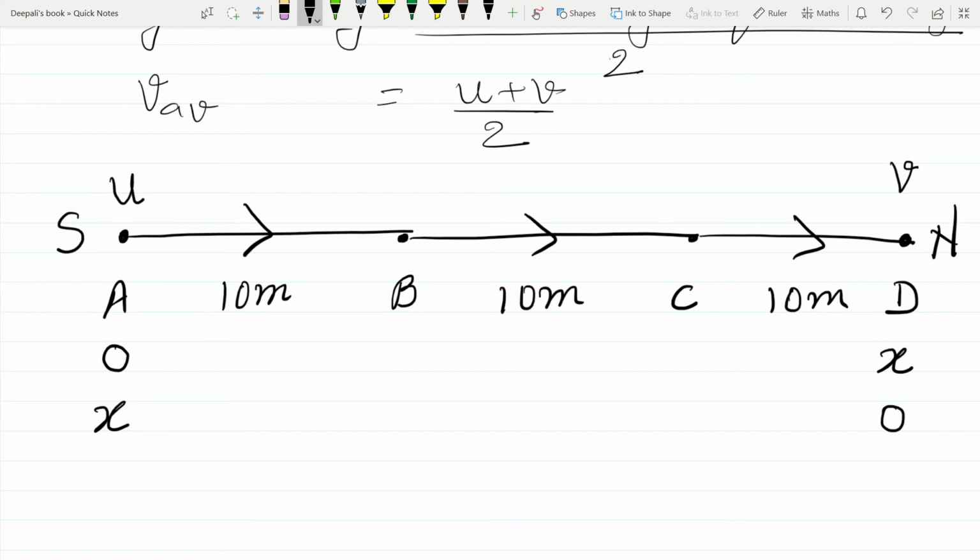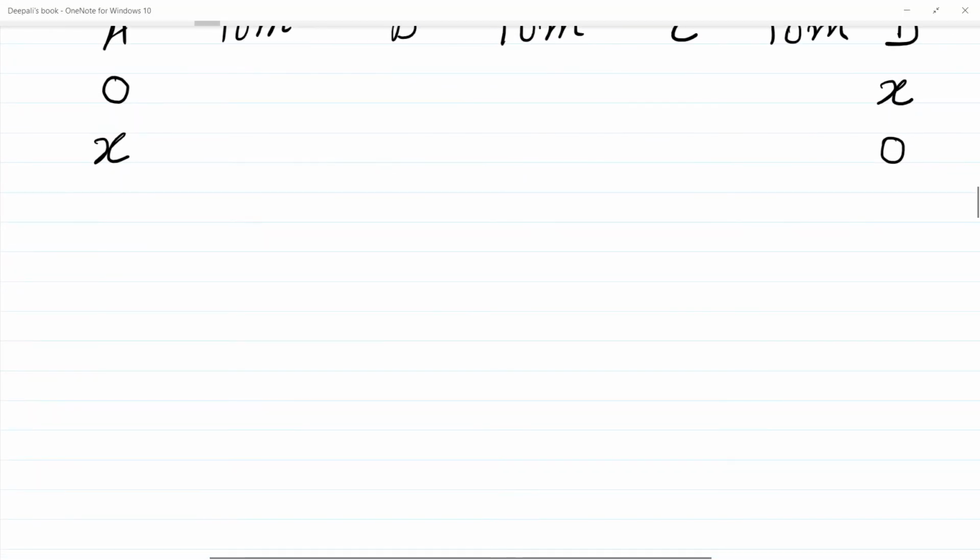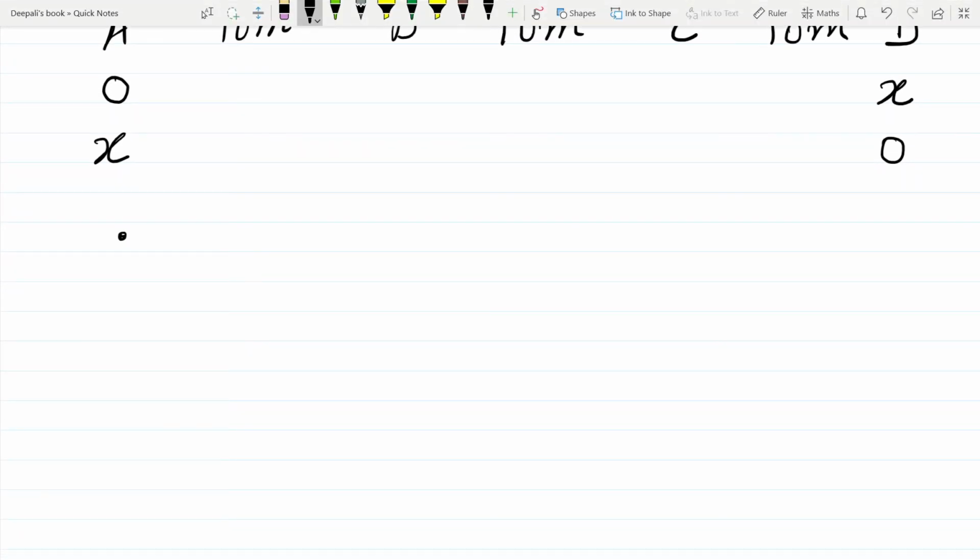Now let us talk about non-uniform velocity. Again we take point A, point B, point C and point D. Now the distance between the points is 10, 5, 8 centimeters or meters.